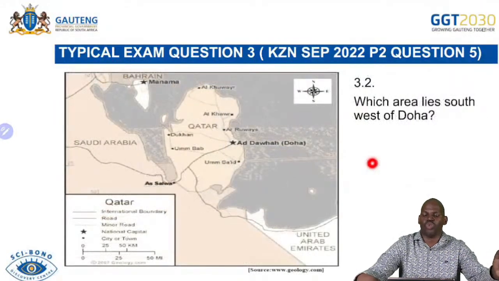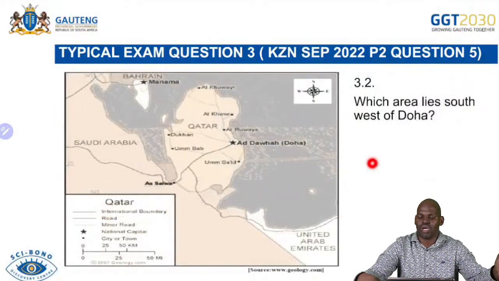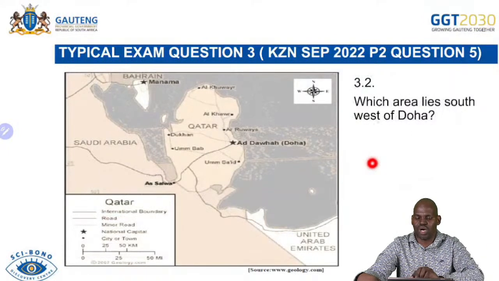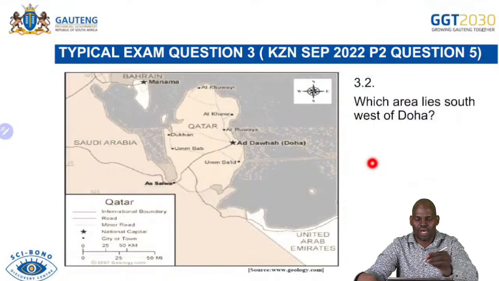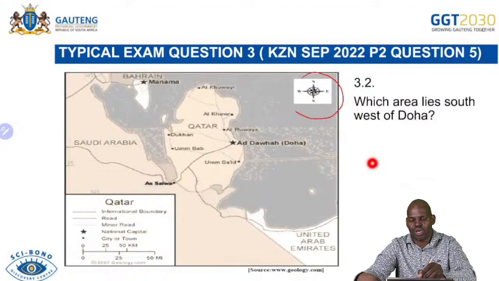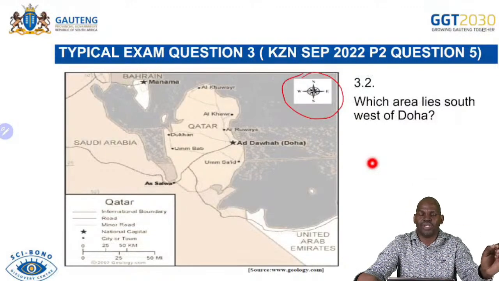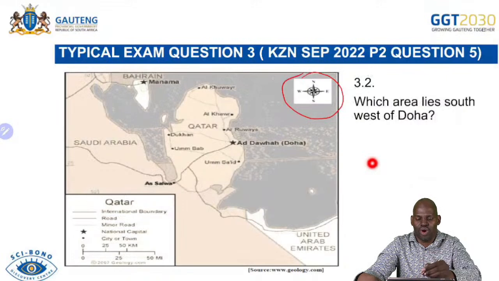And then number 3.2, which area lies southwest of Doha? Now it means we need to check our compass. There is our compass with four cardinal points. North is indicated, east is indicated, south is indicated, and west is indicated.